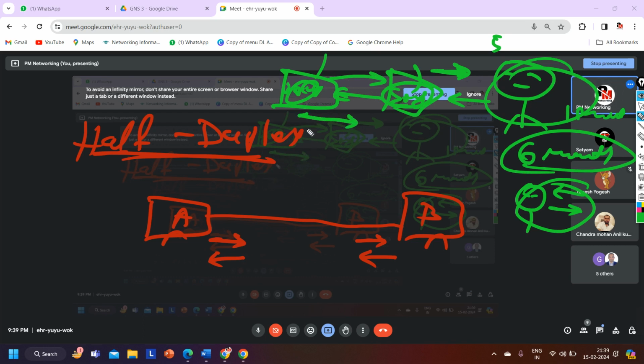Either from this device you can send the song or you can receive the song, correct? Through Bluetooth, either you can receive the data or you can only send the data. You cannot do both. So Bluetooth works on half duplex. So half duplex is not one-way communication. Half duplex is two-way communication, but not at the same instant of time.